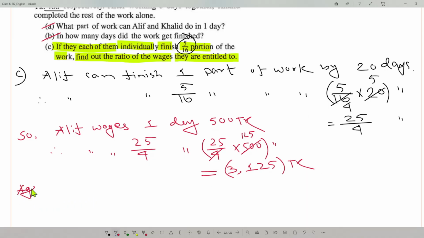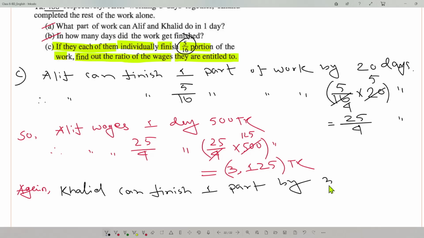Again, Khalid can finish one part in 30 days. So Khalid can finish 15/16 part, so this is 30 times 15/16. So for calculation, we can divide this by 2, so here is 15 and here is 8, right?